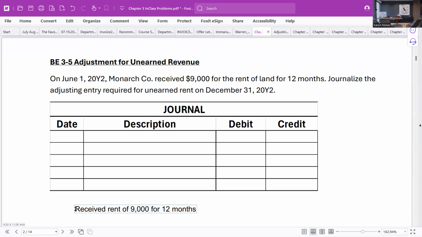And that was received on June 1. Received rent of $9,000 for 12 months. So they received rent. Let me just make a note here. Received rent on, that's not what I want to do.